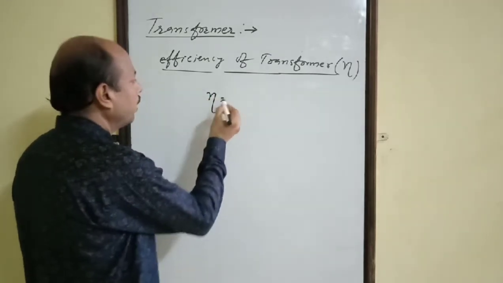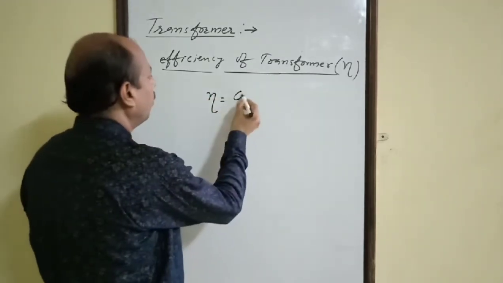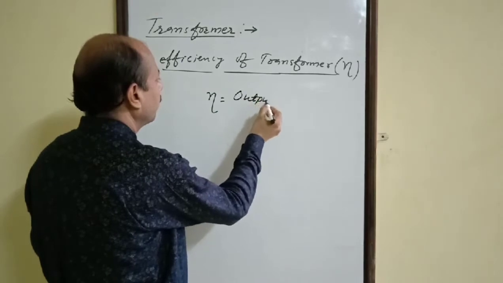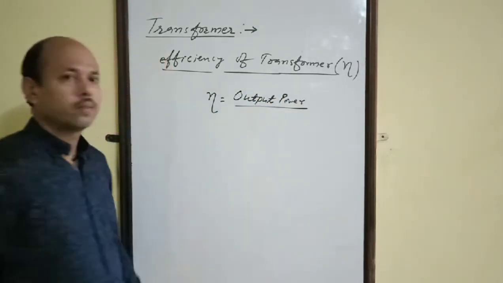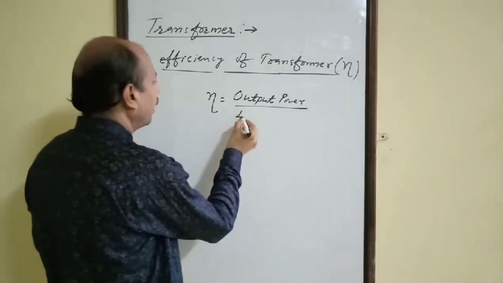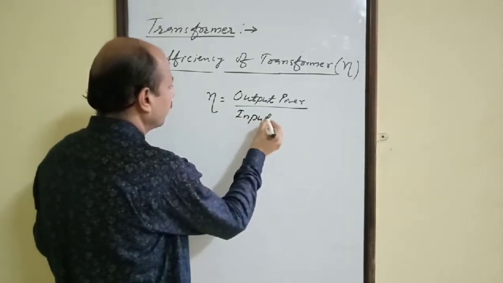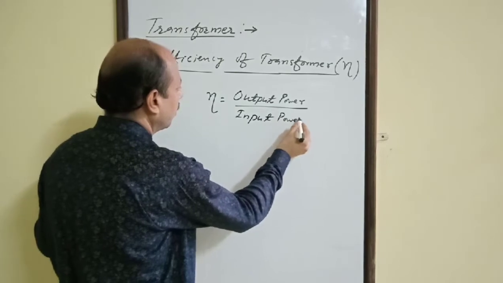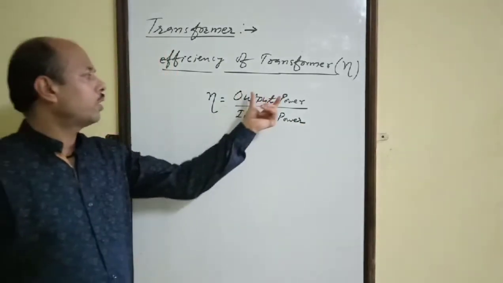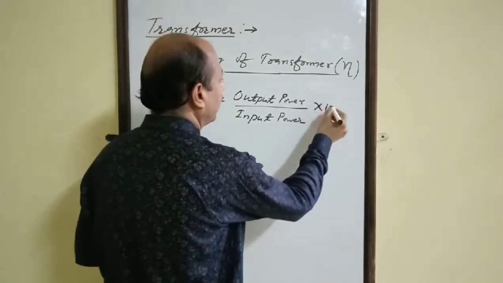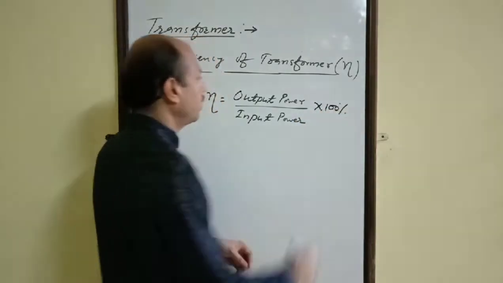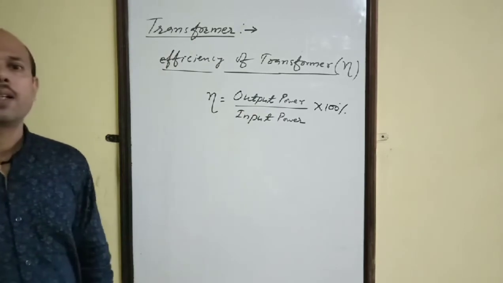Now eta can be written as the ratio of output power to the input power, and if we have to find the efficiency in percentage, we multiply by 100.